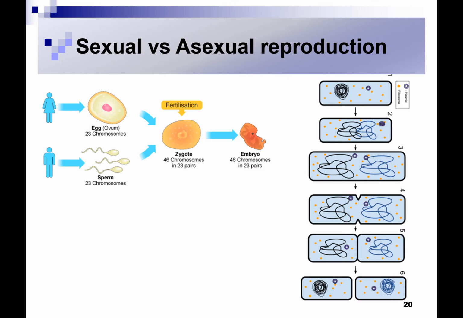This is called asexual reproduction. So mitosis is an example, because you're making identical cells. So this is bacteria. Bacteria don't divide by mitosis.